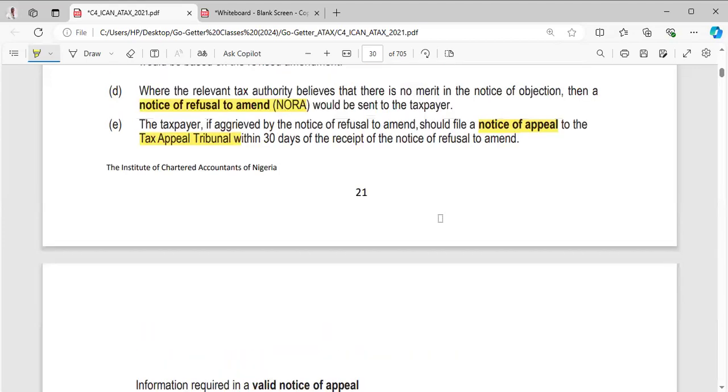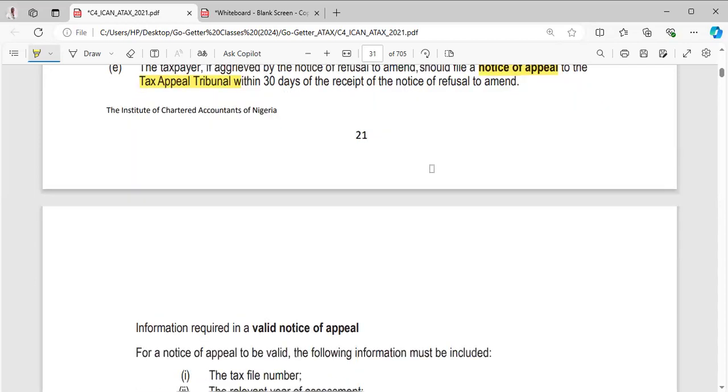If you stay to the 31st day, it means that you have agreed to the assessment. So just as you had 30 days to object when the first notice was given, you also have 30 days to appeal the decision of the tax authority when they refuse to amend. And you are making your appeal to the tax appeal tribunal.